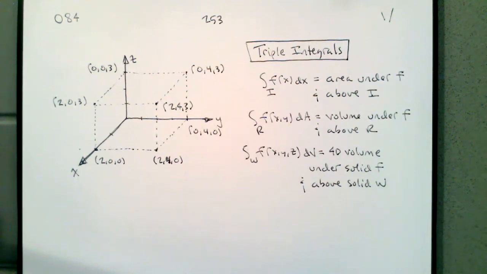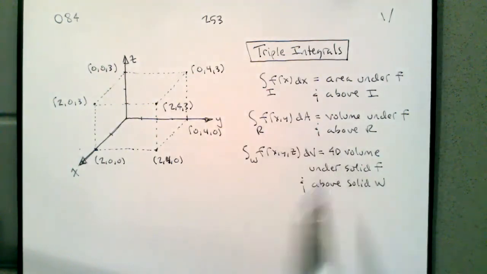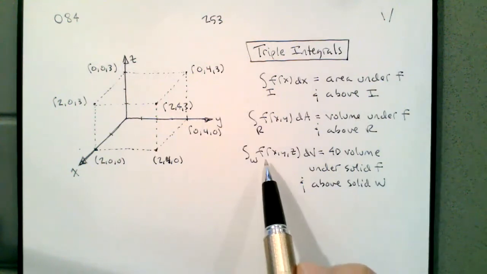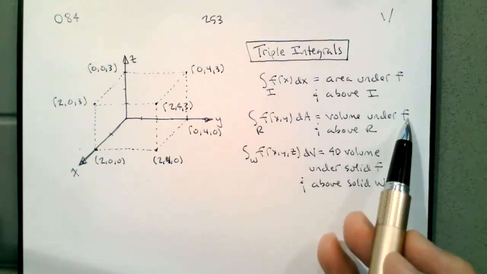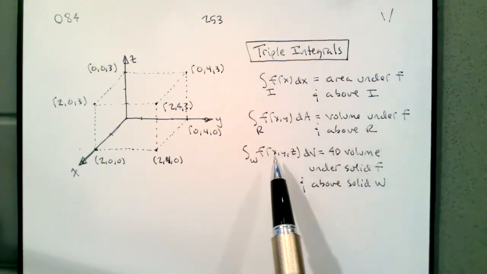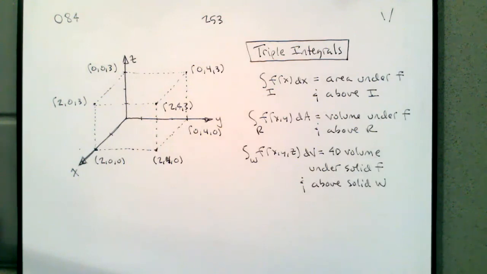If we just keep following this line to triple integrals, we're going to go from a function of two variables to a function of three variables. And now we have, instead of a two-dimensional surface in three-dimensional space, a three-dimensional solid in four-dimensional space. So we're going to get a four-dimensional volume. So it'll be like meters to the fourth power.